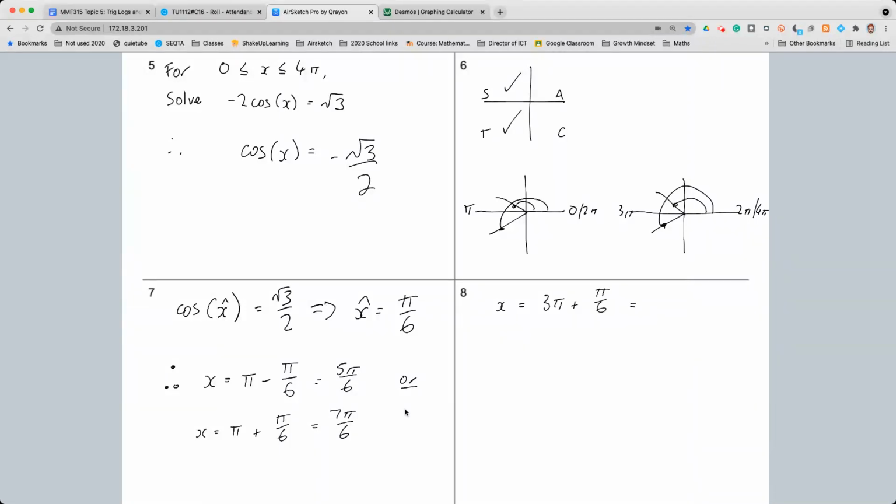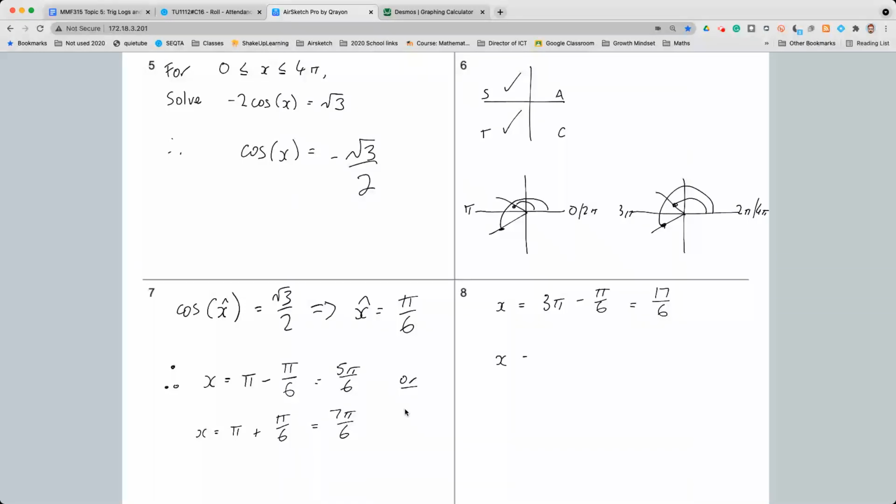So 3 pi is 18 pi on 6. 3 6s are 18. Oh, sorry, I'll keep it in order. Minus pi on 6. So that's going to give me 17 pi on 6. Yeah, 18 minus 1 is 17.